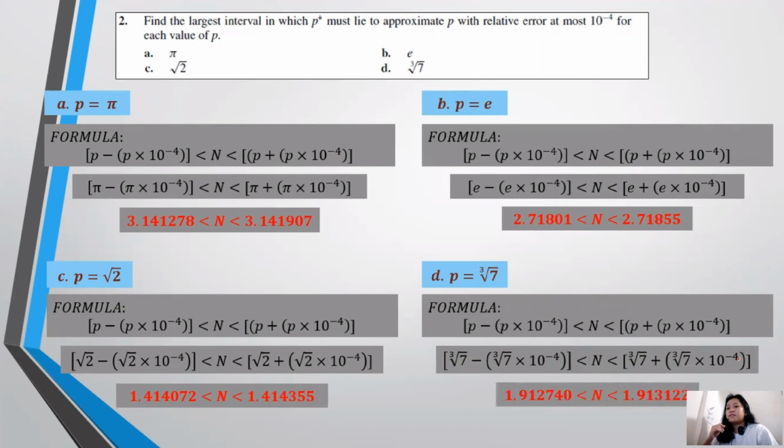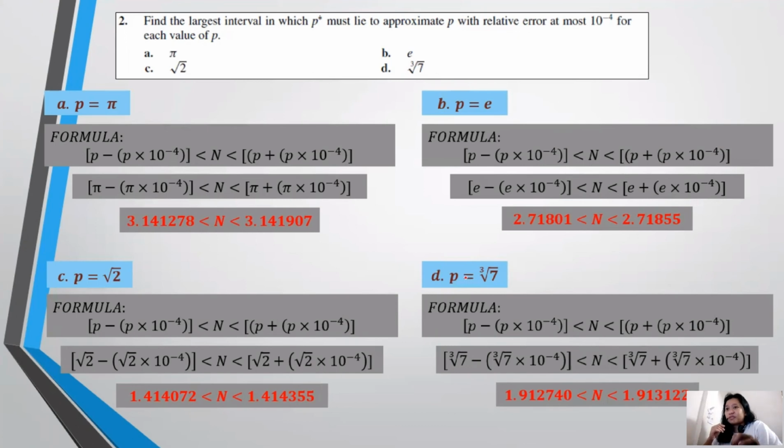So the answer is n is greater than 1.912740 but lesser than 1.913122. So that is the largest interval for the cube root of 7, which is our P.